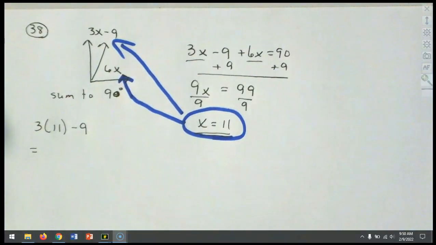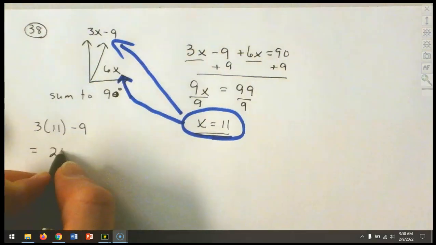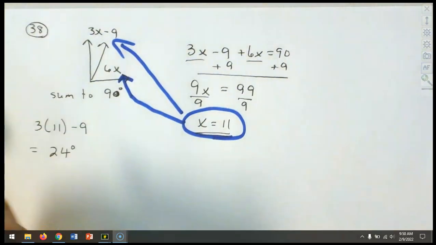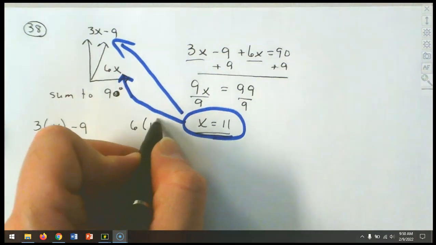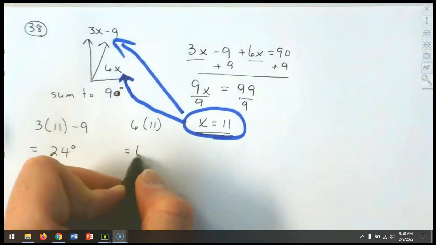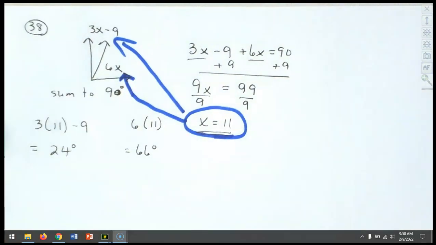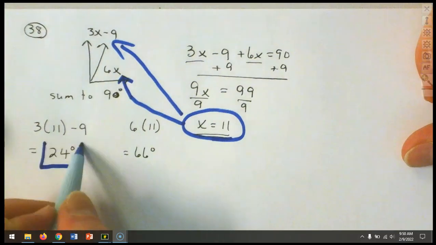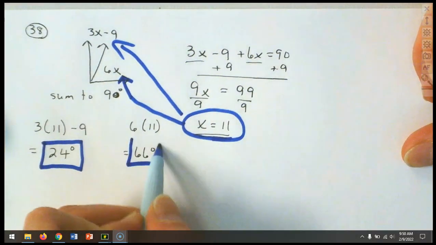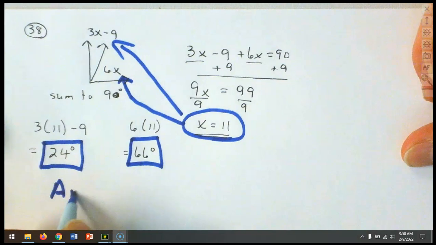Yep, 24 degrees on that one. And the other one is 6x, so that's 6 times 11, and that is then your 66 degrees. And we know that we did it correctly because these should sum up to give you 90, right? And they do. So those are the answers.